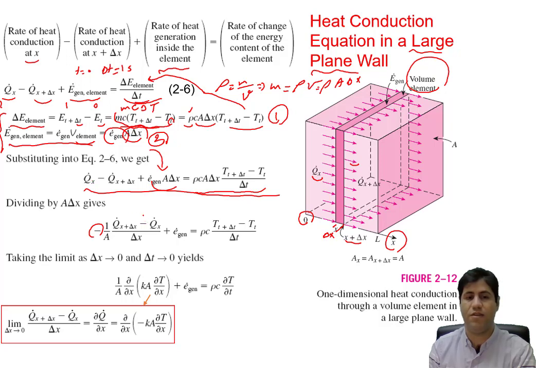Dividing this term by AΔx, it will remain only the generated heat. On the right side, divided by AΔx, this term will be removed, so we have ρ c times T at t plus Δt minus T at t, divided by Δt, the change of the time interval.